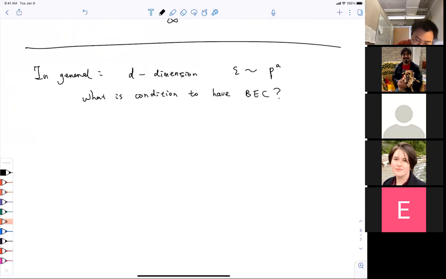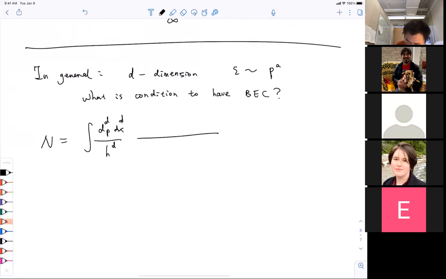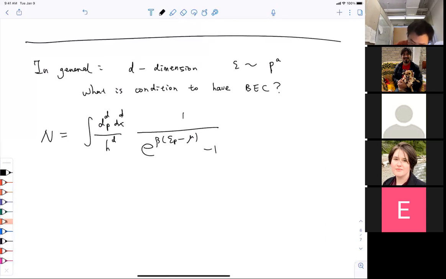The starting point is the same: n equals the integral of d^d p d^d x. I'm pretty sure you can work it out by yourself, but let's do it together. The integration over x gives us the volume, divided by volume. The left-hand side gives us the density.